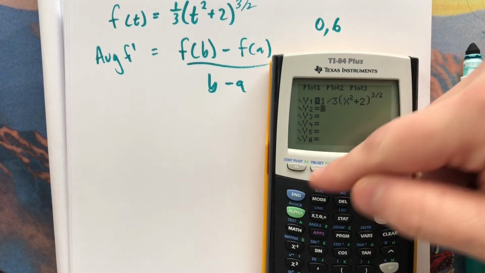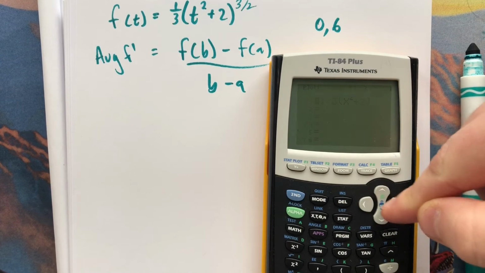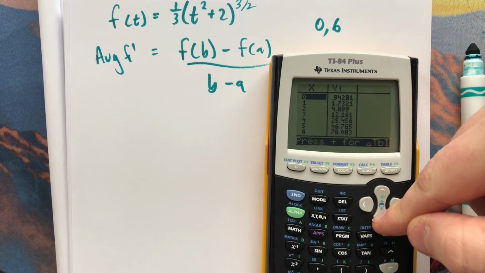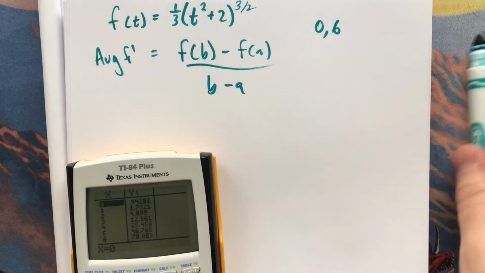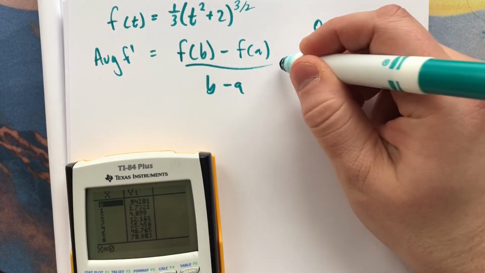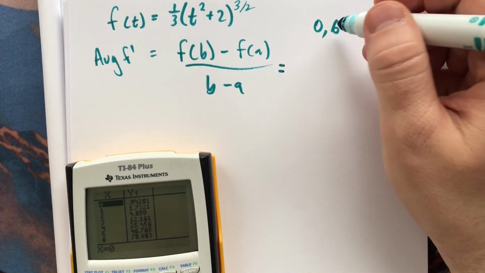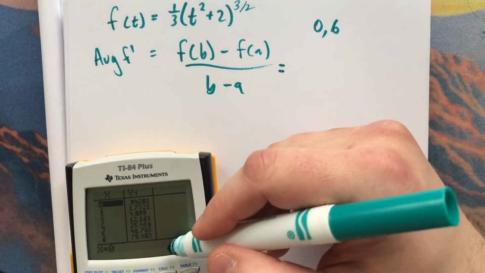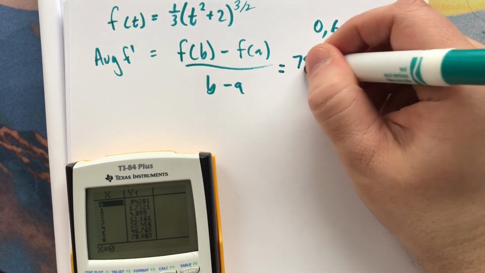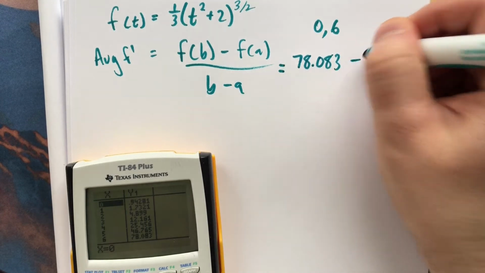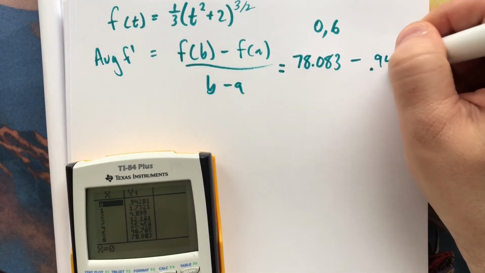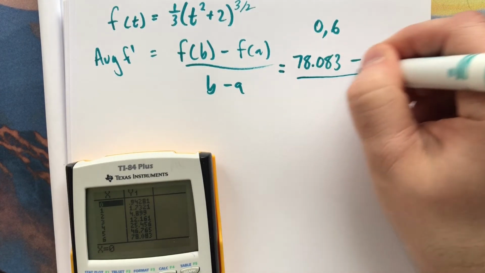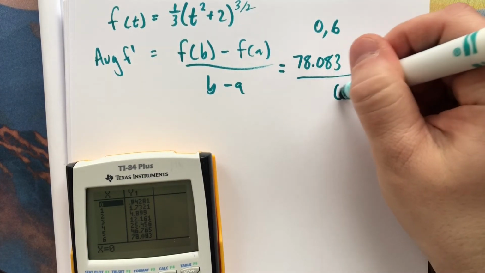Okay, so I have f of x in here now, and I can go to my table and calculate this out, no problem. So f of 6 on my calculator screen I see is 78.083, and then f of 0 I see is 0.943. b minus a, 6 minus 0.